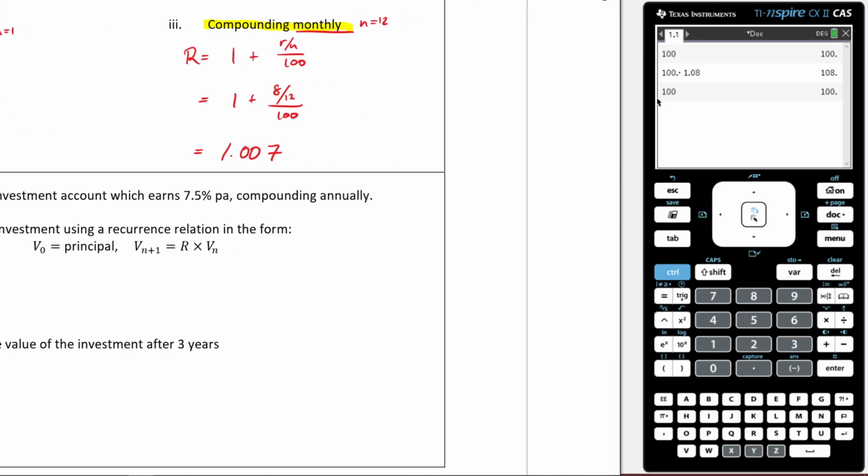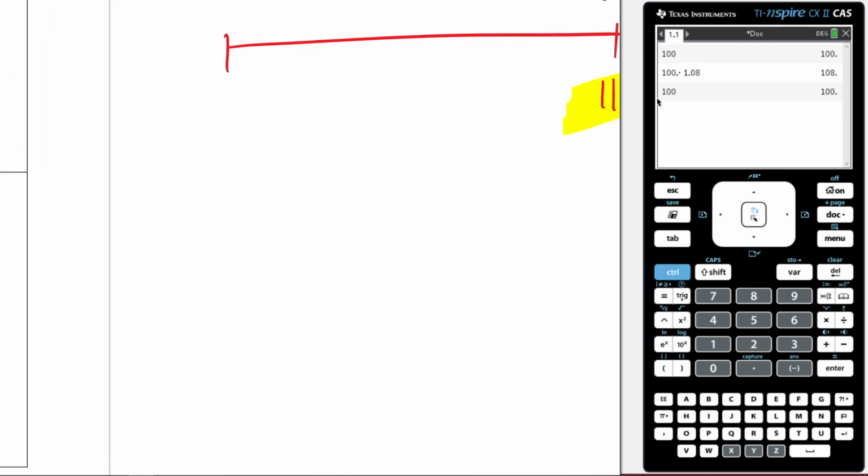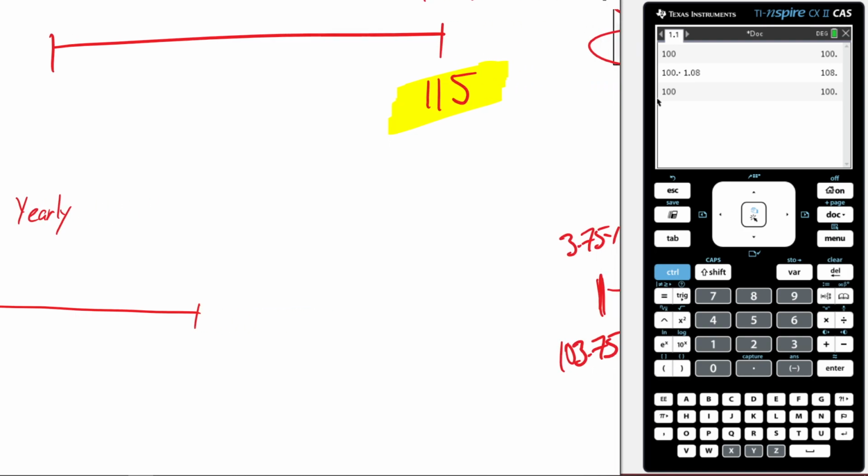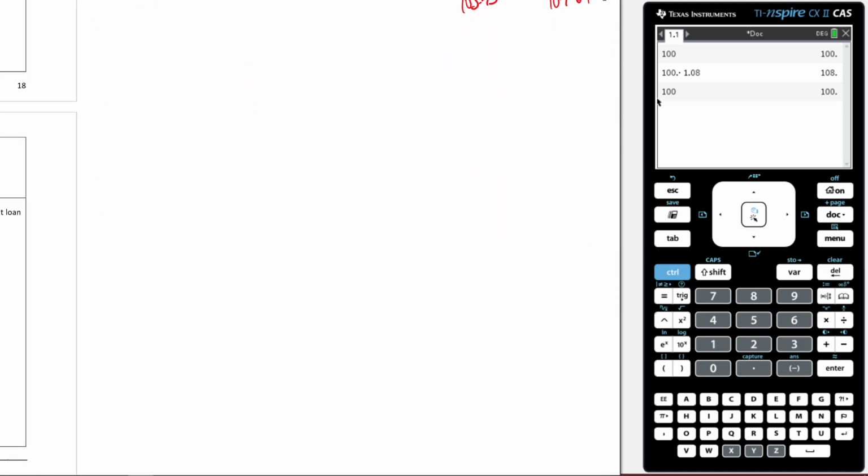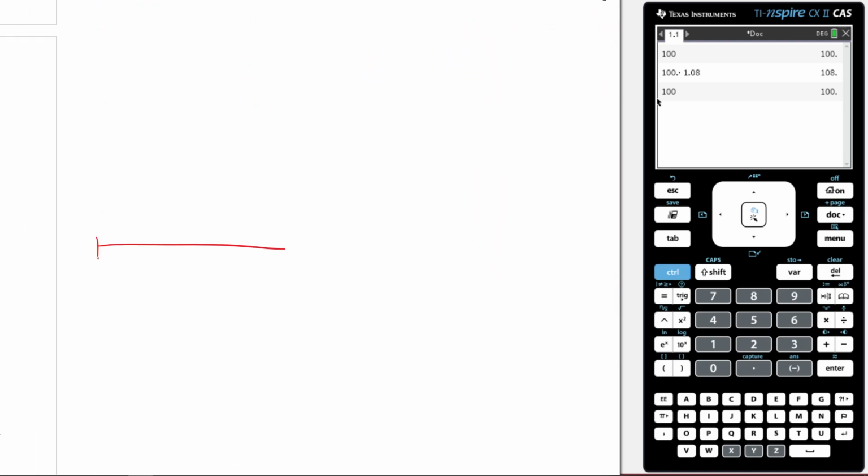So just to really visualize this, because it's important that we understand what's going on. Let's come down here. I've got yearly, and yearly is you're paying 8% at the end of the year. And there's monthly.